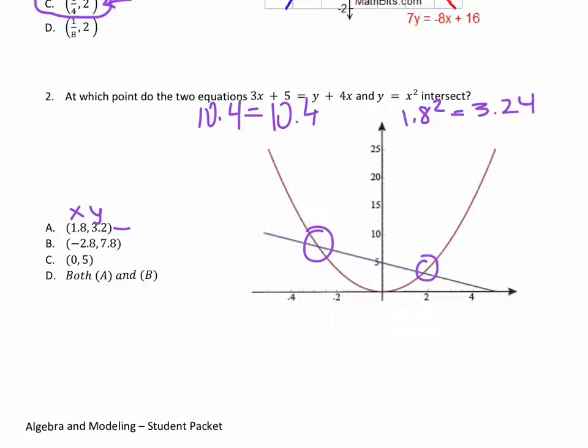Now let's try the second one. I have x is -2.8, square that, gives me 7.84, which is about 7.8, and then substitute it in.